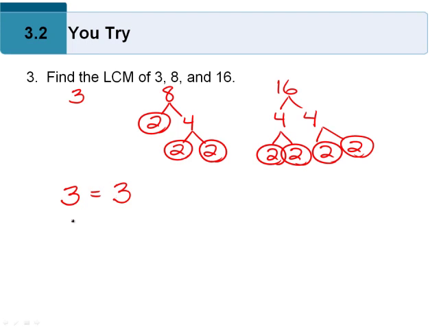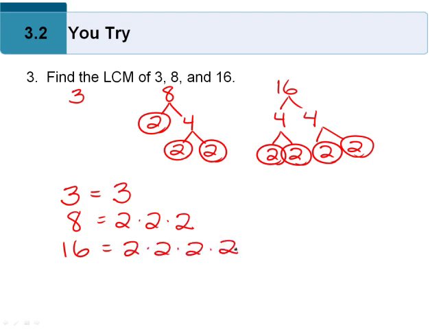Now 8 is 2, 2, 2, and 16, we have 1, 2, 3, 4 2's. So this is why you have to have that 3 there, because you have 2 different factors, 2's and 3's. The biggest number of 2's is down here on the bottom.